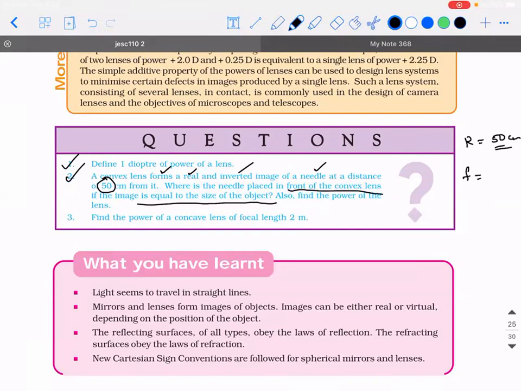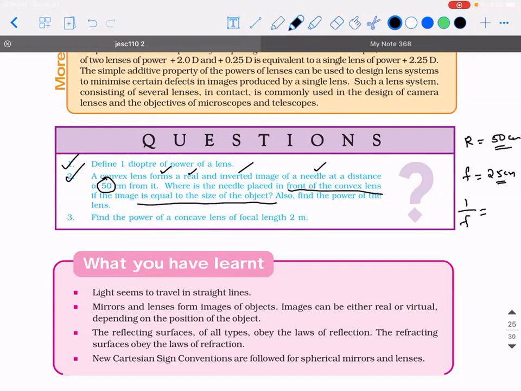Then what is going to be the focal length? Is it not 25 centimeters? Right. So focal length of a convex lens is positive. Then what is going to be the power, guys?